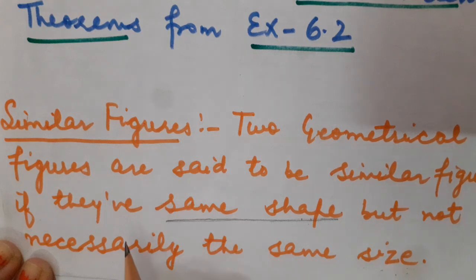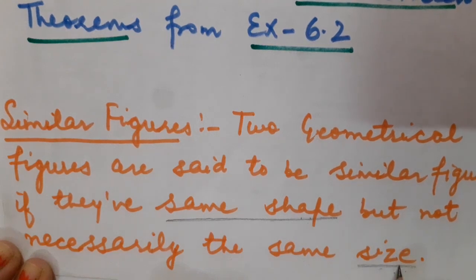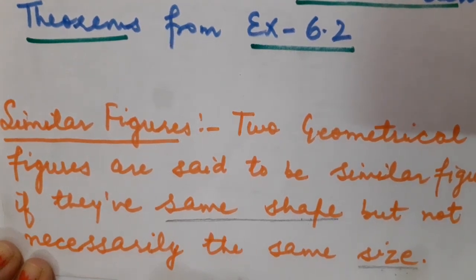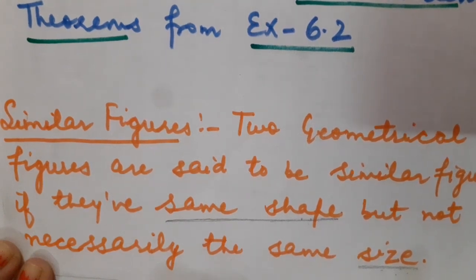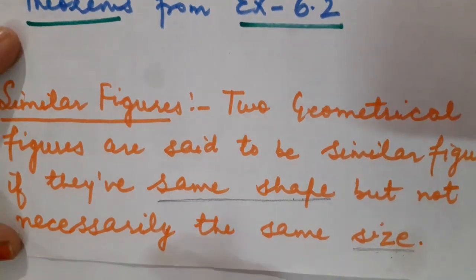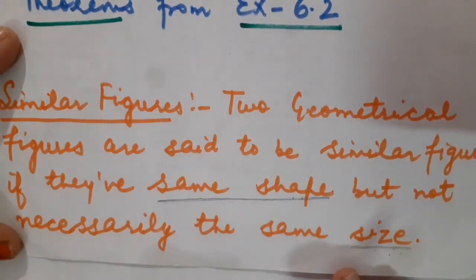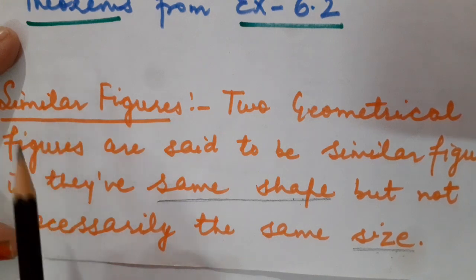The comparison of an equilateral triangle is with another equilateral triangle. No problem whether the size is varied. Means one equilateral triangle has a side of 4 centimeter and another has a side of 5 centimeter. Correct, children?